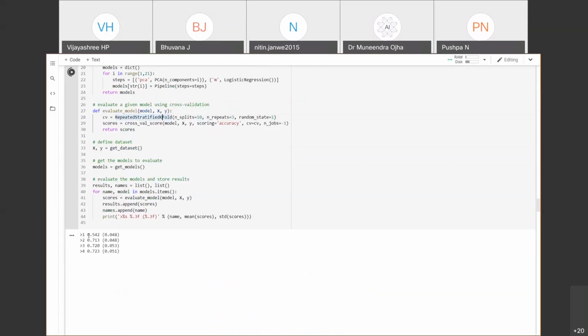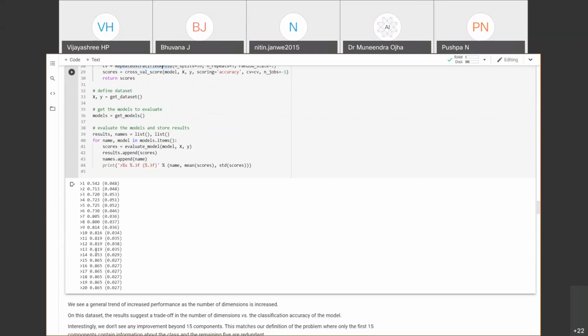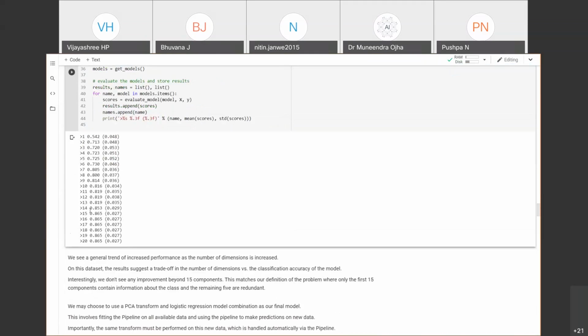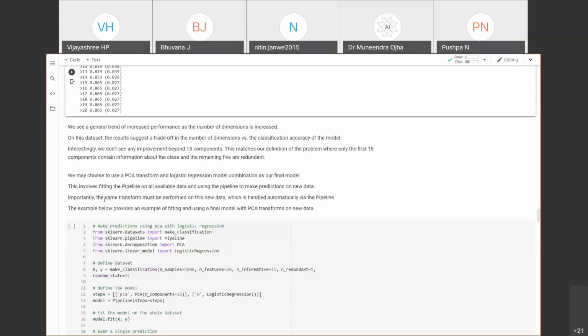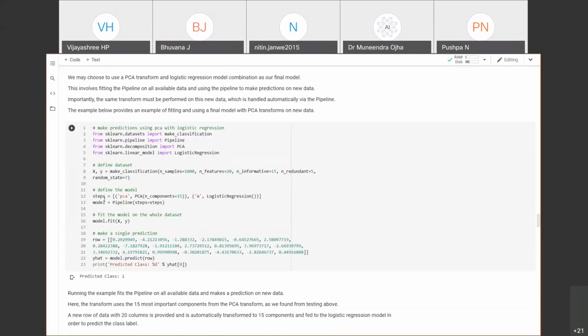At the first principal component, the accuracy is 54%. When I add the next principal component, the accuracy is 71%. When I add the third, the accuracy is 72%, and so on. Finally, you have to decide, and you will be the best judge, how many principal components you want to keep and which you want to discard. That is the safest and easiest method. However, it takes a huge amount of time.